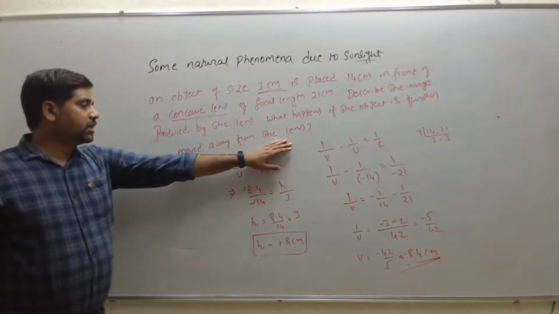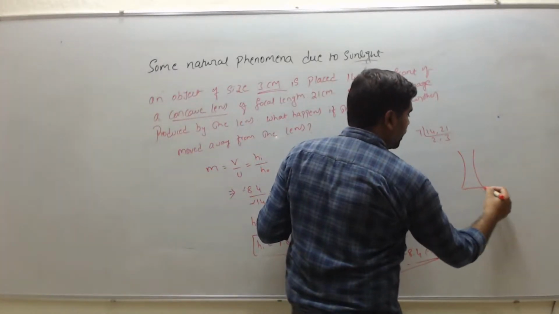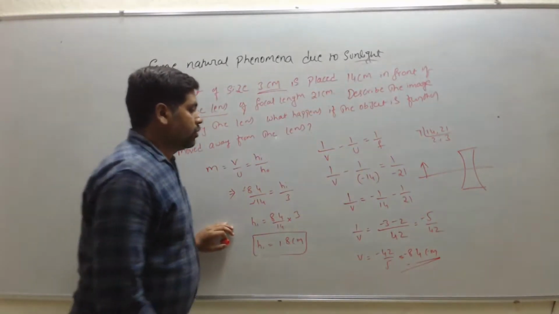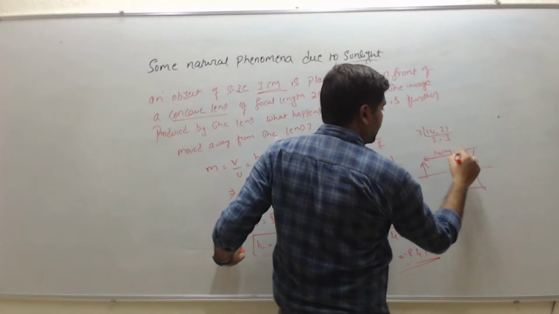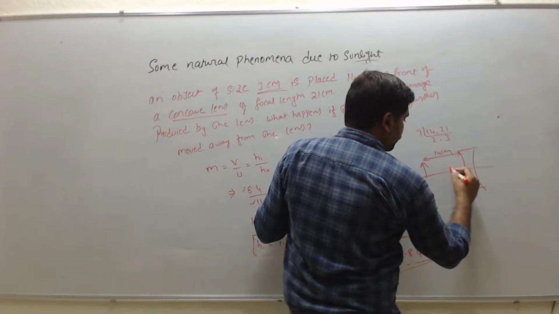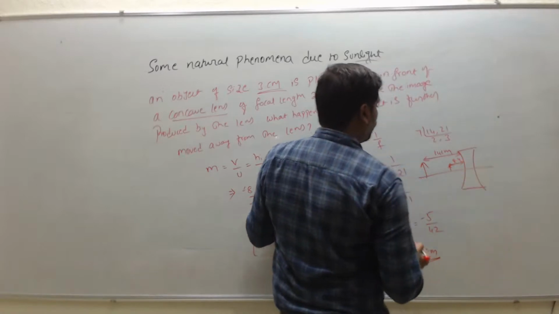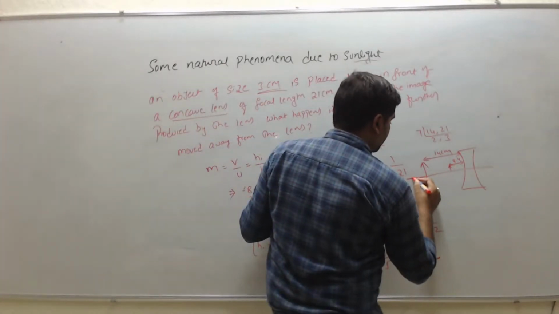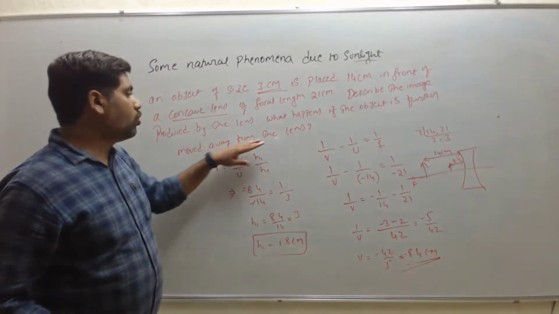So what happens if the object is further moved away from the lens? Consider here the lens. Somewhere here is the object, which is 14 centimeter from the lens, and the image is formed at 8.4 centimeter. So this one is the image, and they gave the focal length somewhere here. The question is, what happens if the object is further moved away from the lens?